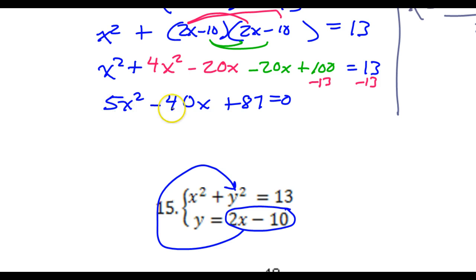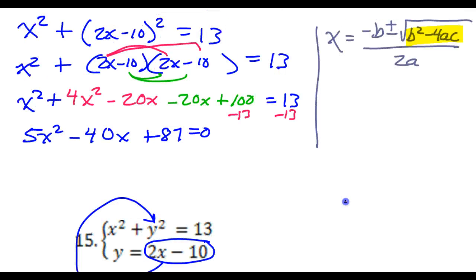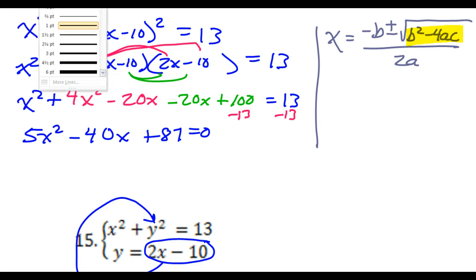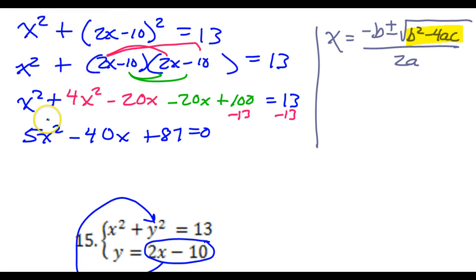So we have A, B, and C. I'm just going to substitute those into the formula. It says opposite of B, so opposite of negative 40 is positive 40, plus or minus the square root of B squared.